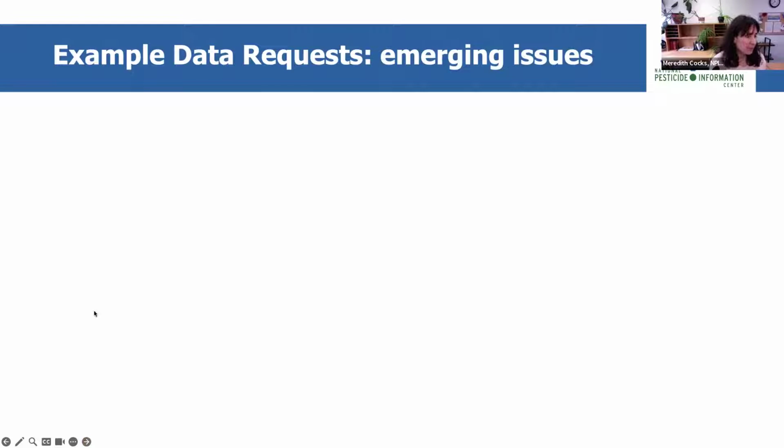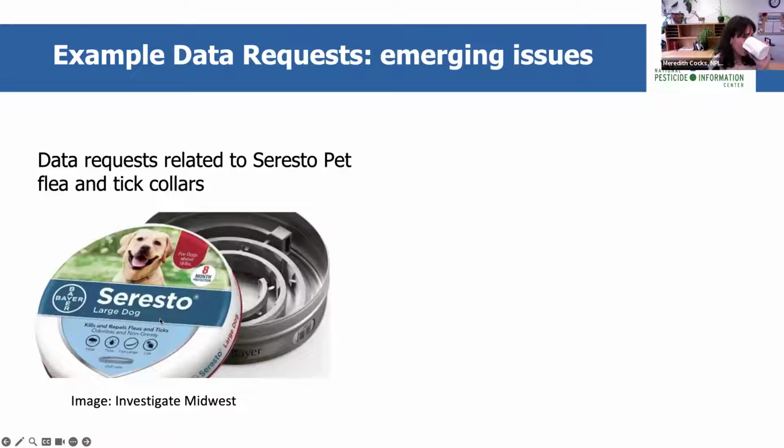So here are a few examples of some recent data requests relating to current events. Seresto pet flea and tick collars have been in the news a lot in the past couple of years, and of course we've heard a lot from the public about them. We did fulfill several data requests related to those collars.